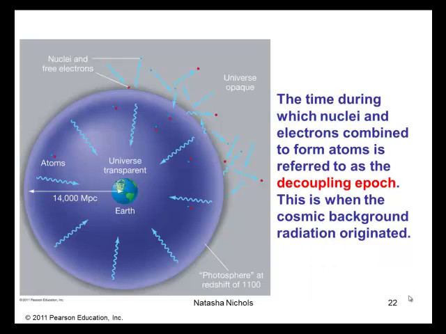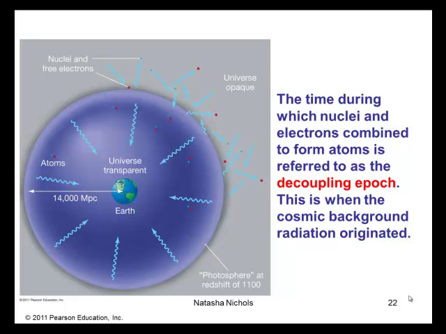Now, the time during which nuclei and electrons combine to form atoms is referred to as the decoupling epoch. This is when the cosmic background radiation originated. When atoms formed, the universe became virtually transparent to radiation.